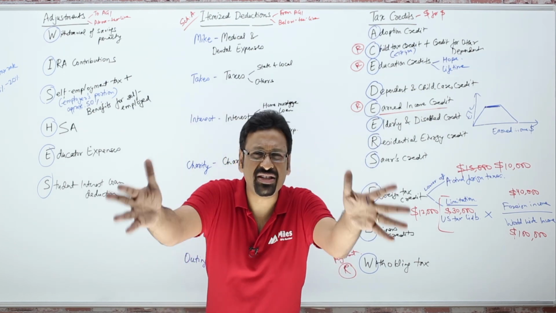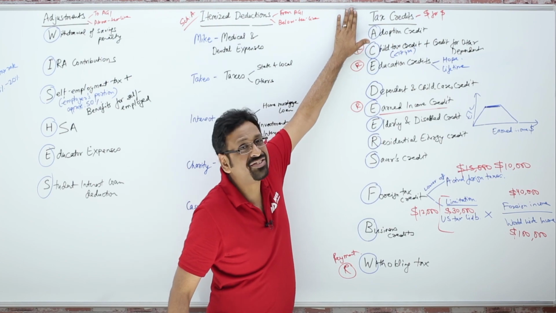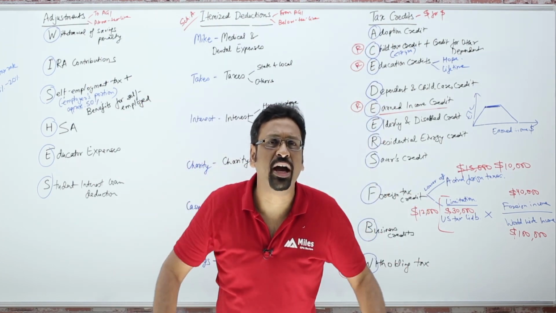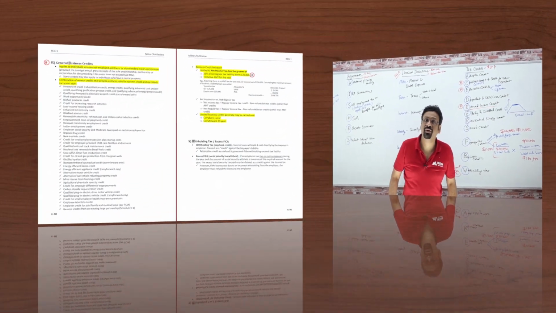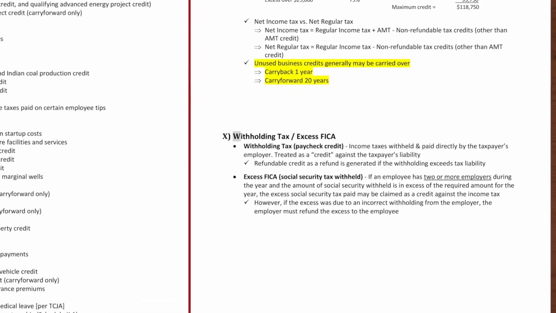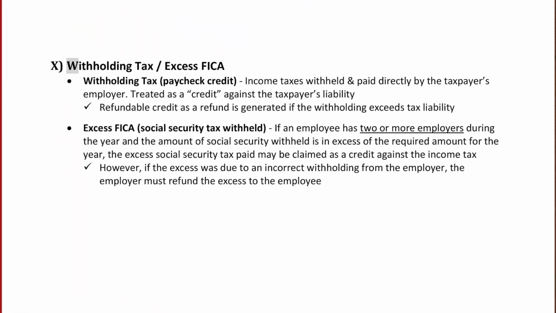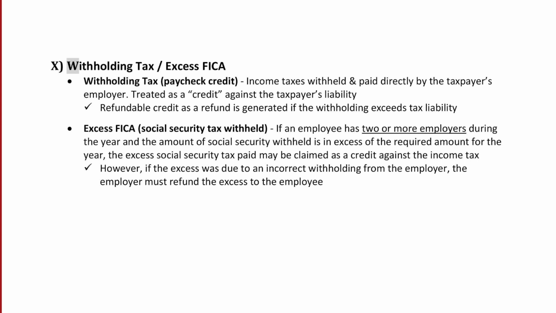So guys, with this, we are done with your tax credits, the dollar for dollar reduction of your taxes. Back on page 91, we are looking at withholding tax as well as excess FICA. Put a W there. Highlight withholding tax, the paycheck credit.